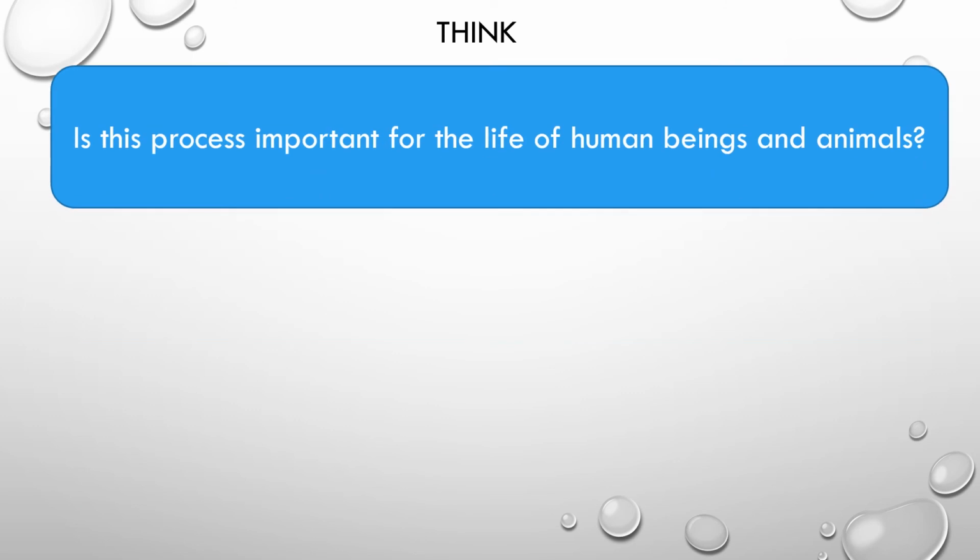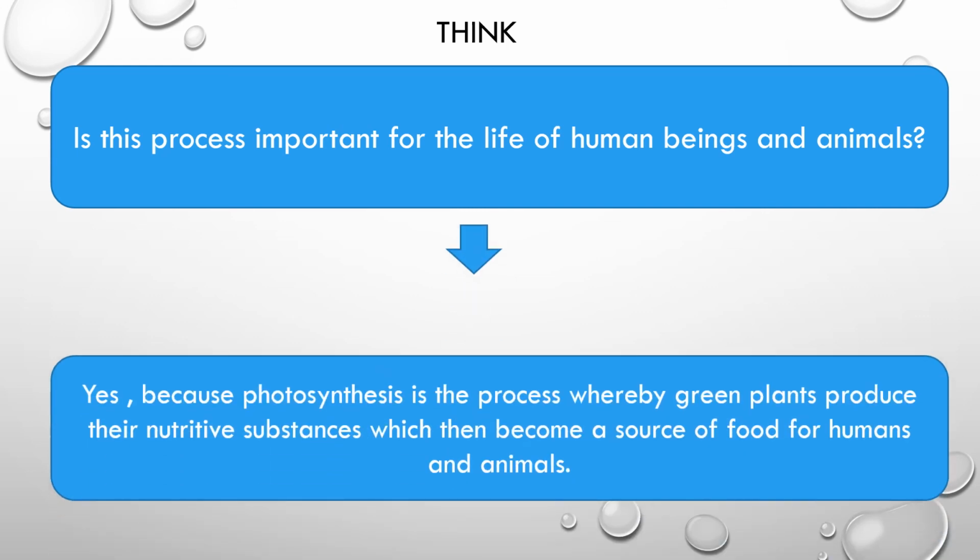Now I want you to think about this question. Think carefully, then answer. Is this process important for the life of human beings and animals? Think, then answer. Excellent. Yes, it's important for the life of human beings and animals.